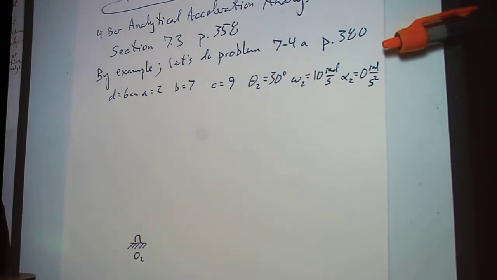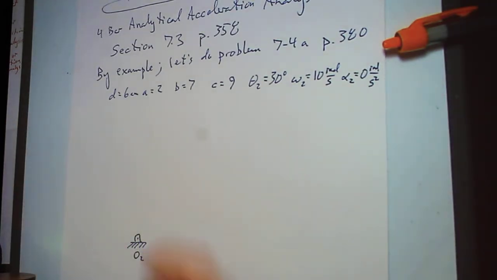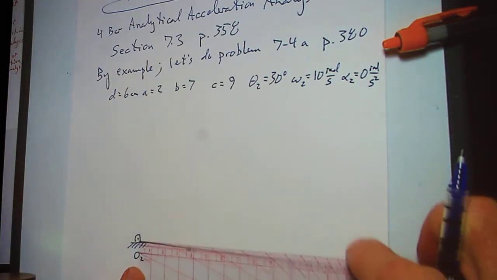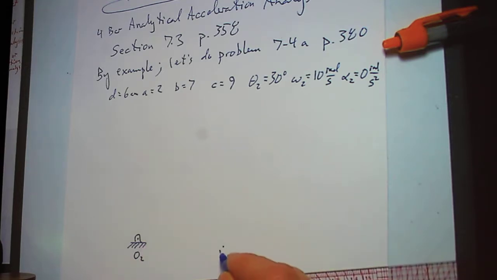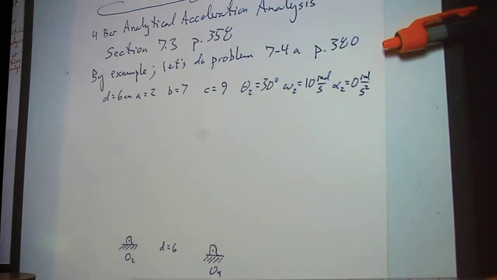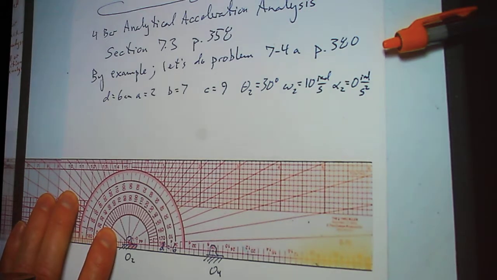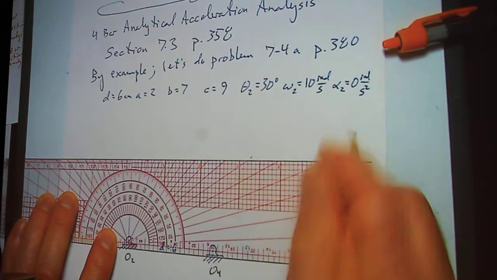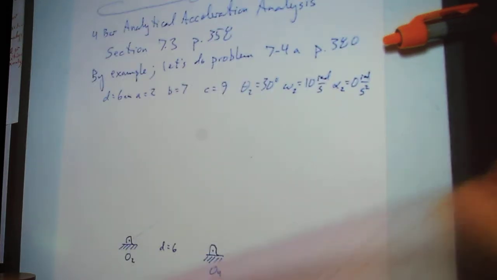So this is O2, and at 30 degrees from there, and 6 units out, this is O4, and D equals 6 here, and 30 degrees from here, I'm looking at something that's out here somewhere. And that's 2 units out.